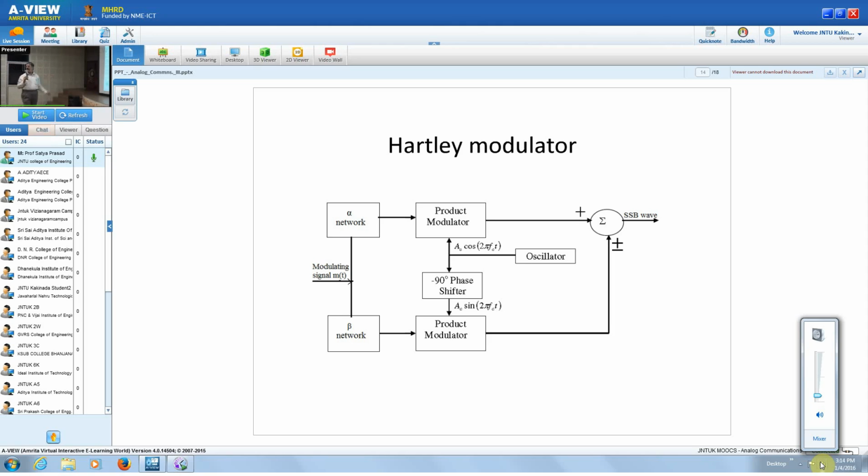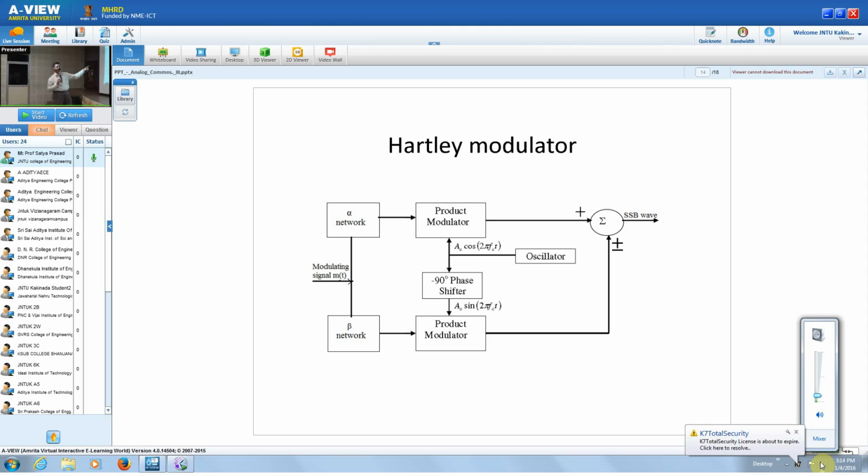Whereas this 90 degrees phase shift for the oscillator frequency is so easy, because there is only one frequency, you can get a 90 degrees phase shift for your cos omega ct to sin omega ct.